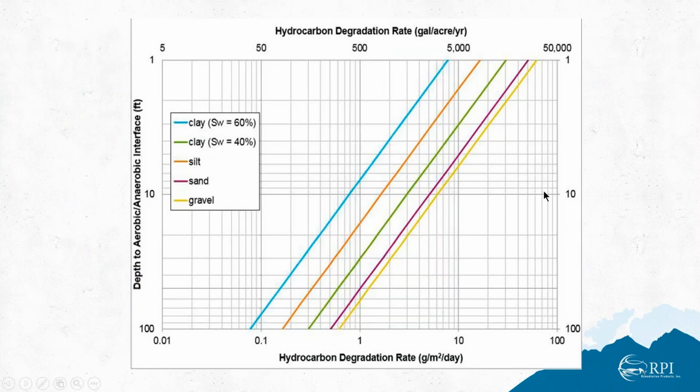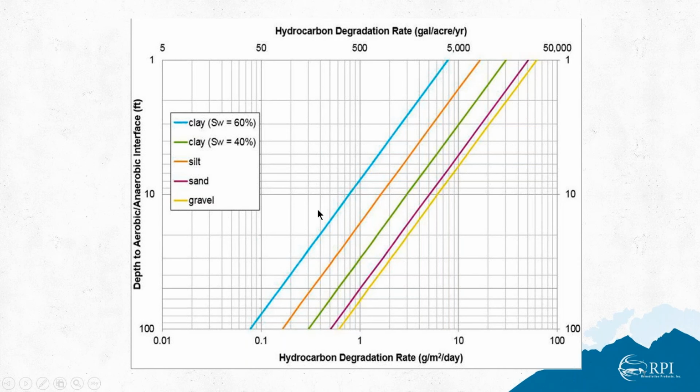So what you're looking at now is a nomograph from the latest update of the natural source zone depletion guidance document. And you can see over on the left, and this is obviously a logarithmic scale, we have the depth to the interface between the aerobic and the anaerobic zones in the subsurface. We all know that in the shallow soil we have oxygen that diffuses in, that's aerobic typically.